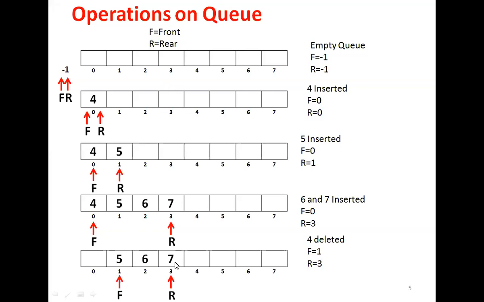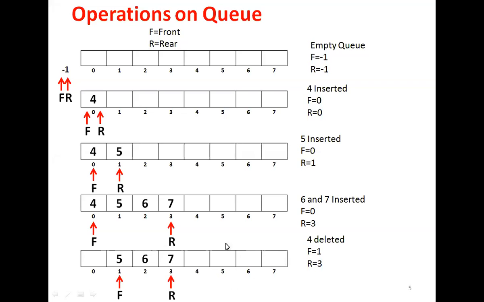Data items are inserted in this queue, and suppose r is pointing to 7 now. R pointing to 7 means data is inserted at this location. So now we can say that the queue is full. So when can we say that the queue is full? When rear is equal to size minus 1.